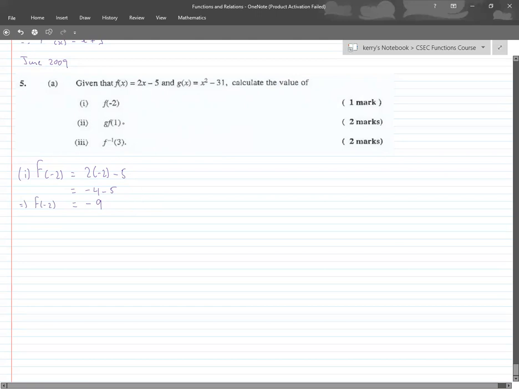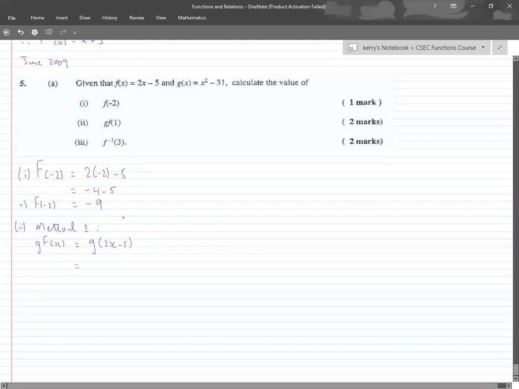Now g of f of 1. Again, we have two ways to do this, and I will do both ways with you now. All right, so part 2, method 1. We could first find g of f of x. It means into g you are replacing f of x. So it is g of 2x minus 5.